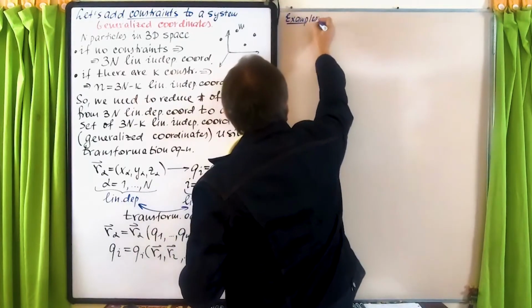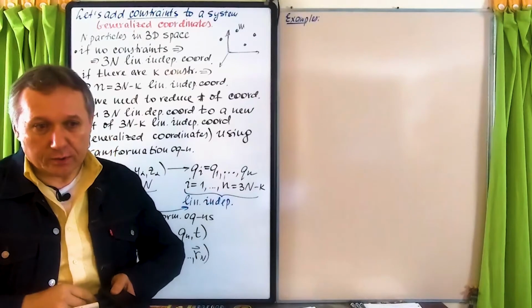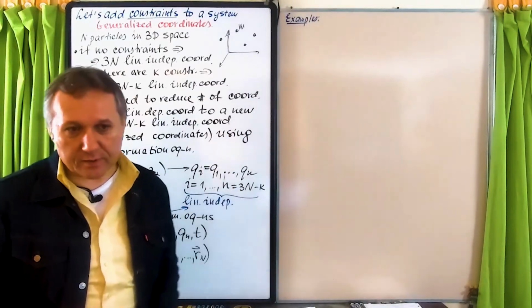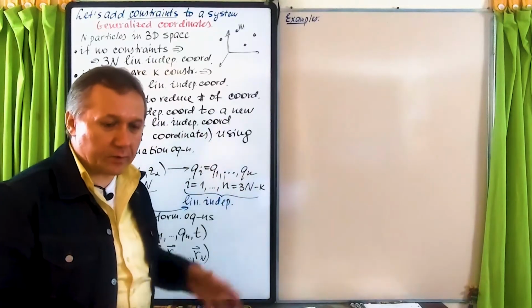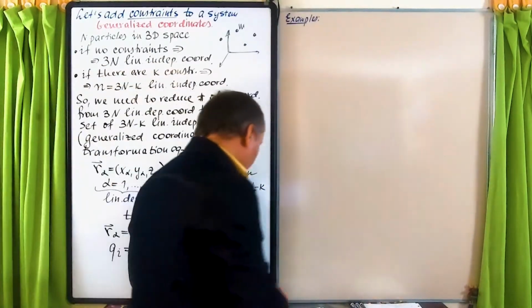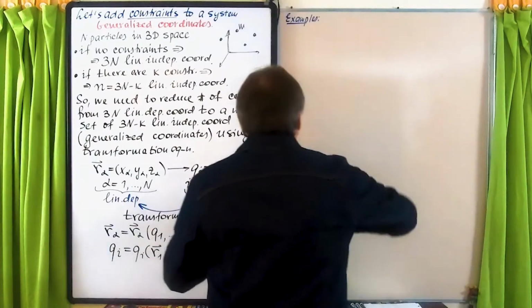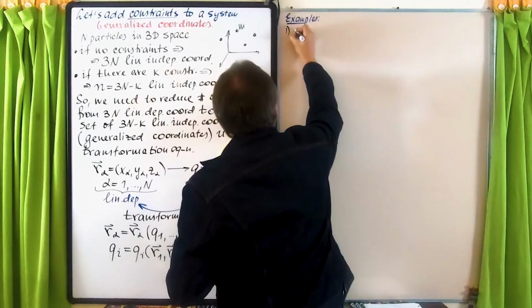Again, these are small examples in order to show which generalized coordinates can be used for some systems, but we're not going to solve the problem completely. We will start doing that probably closer to the end of today's class. All right, so first one, simple pendulum.